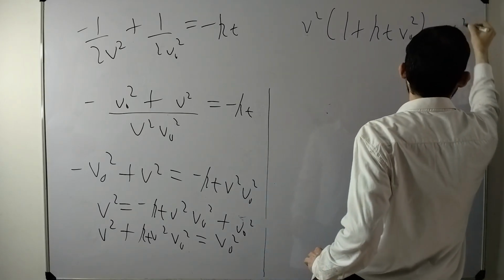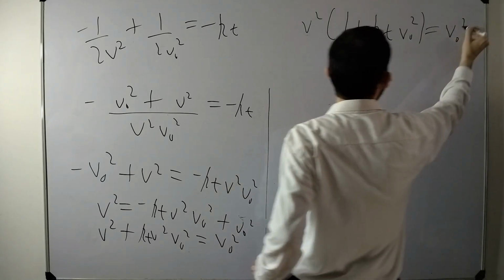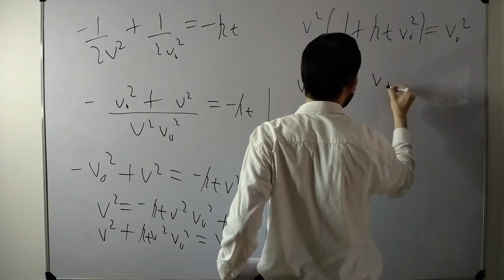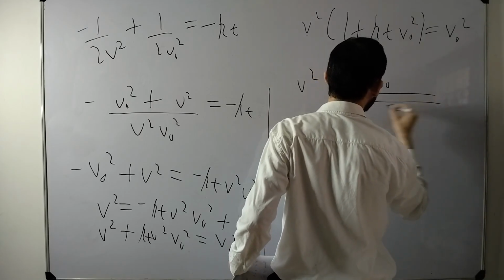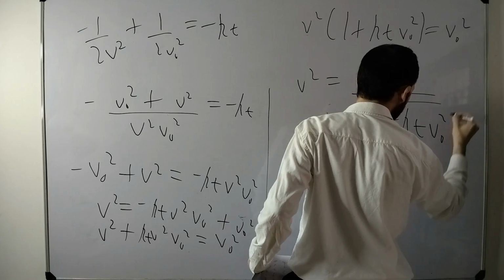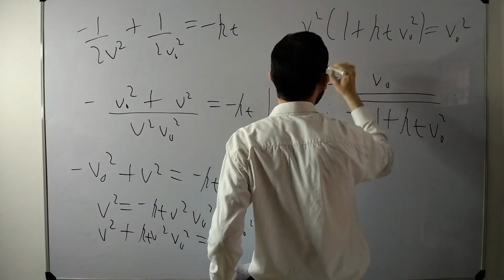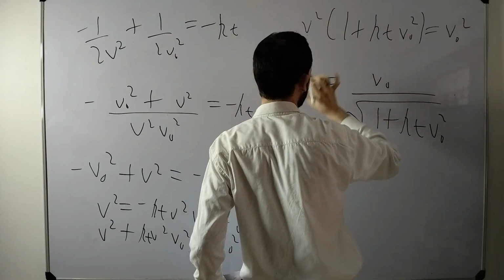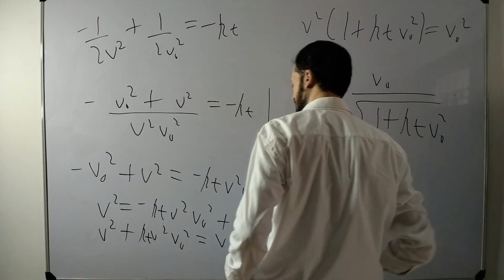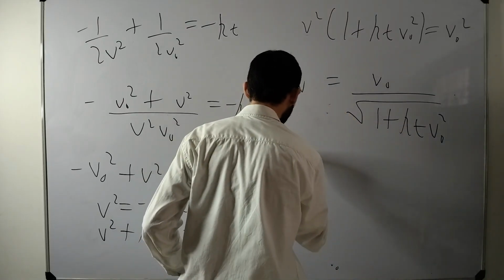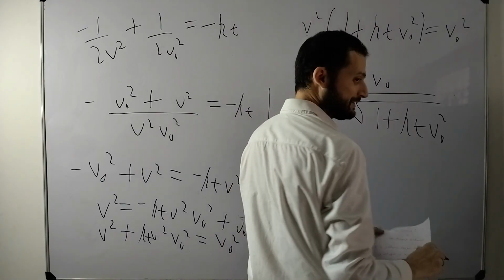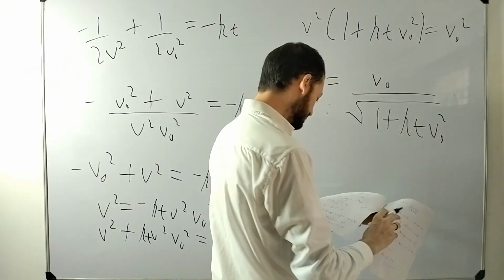So V square is V naught square over 1 plus kt V naught square, and V is V naught under root 1 plus kt V naught square, the required velocity at time t. Sometimes it happens while talking that you eat up a step.